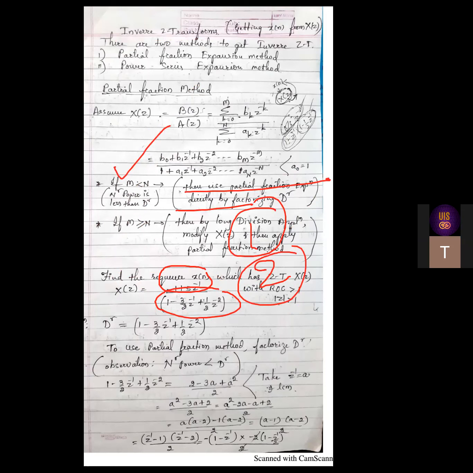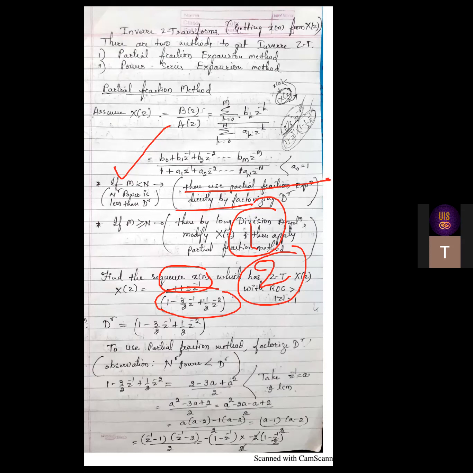Okay. Factorizing means what? You have to find the roots of that particular equation, the denominator which has been given. After getting the factors, you will get two brackets. Okay. So that is called factorization. You know this already. A plus bx plus c square, something like that, right?